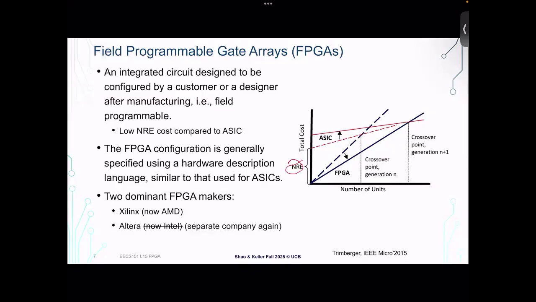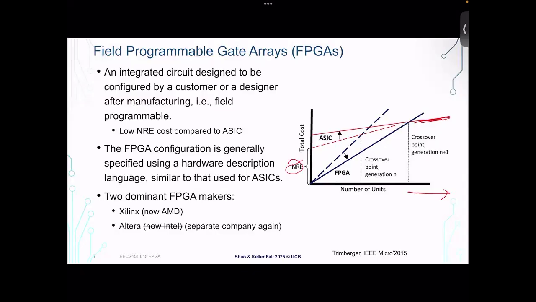So your total cost, recall all the way back to lecture 2, is NRE, non-recoverable effort, plus unit cost times number of units, right? And so in general, for ASIC, the more units you're building, the more the ASIC is going to win on cost, right? Because the unit cost is less. This slope of this line is less.